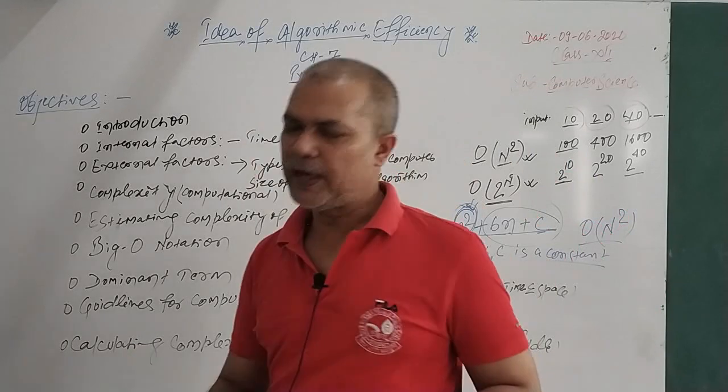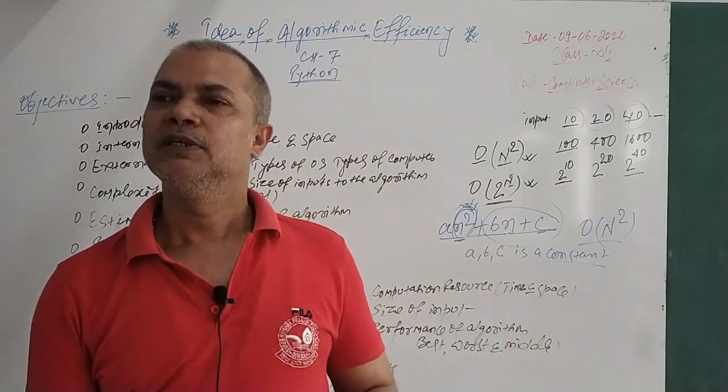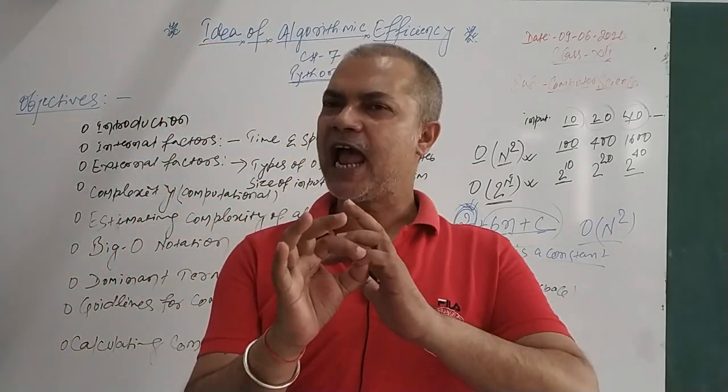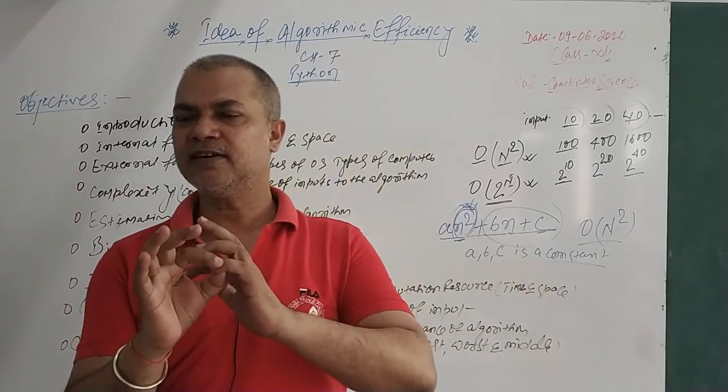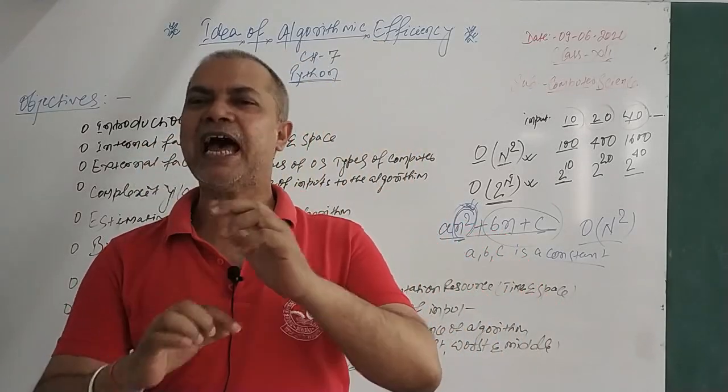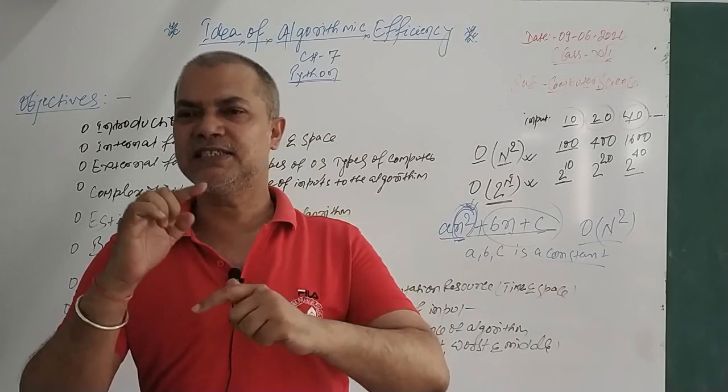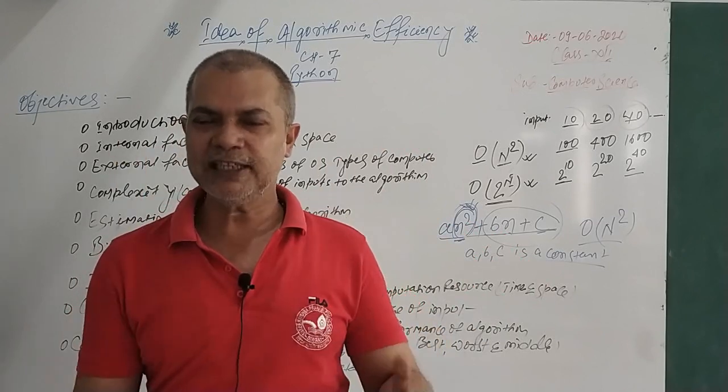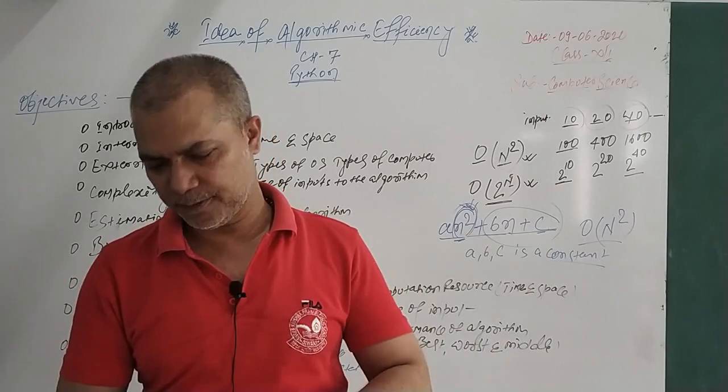This is the last one. Now looping, as you can understand, the set of statements in a particular loop will iterate a particular number of times, so definitely the complexity of the algorithm depends on it.